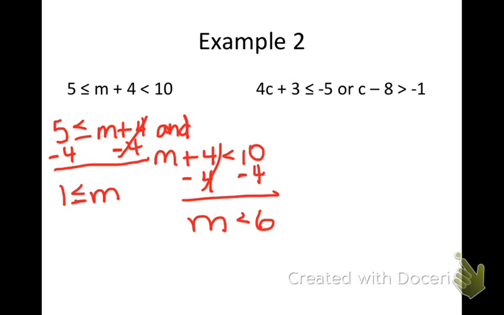So our compound inequality is 1 is less than or equal to m, which is less than 6, and then we can graph it.